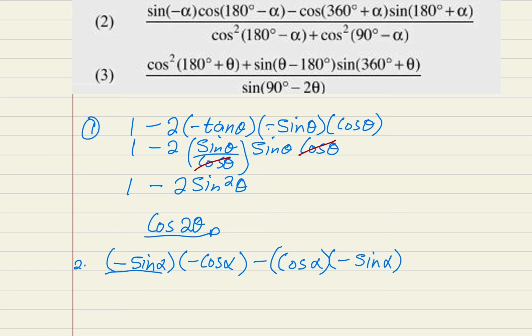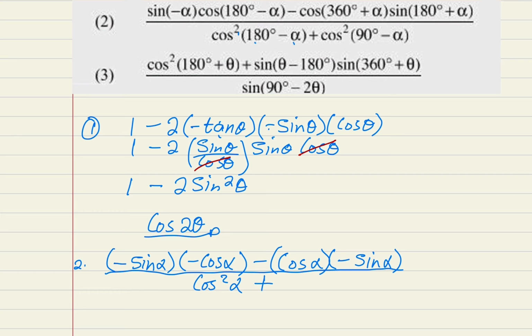Now this is all divided by, we have 180 minus. 180 minus is found in the second quadrant, and it's where cos is negative. But since it's squared, it will be positive cos squared of an angle. Then we have a plus here.